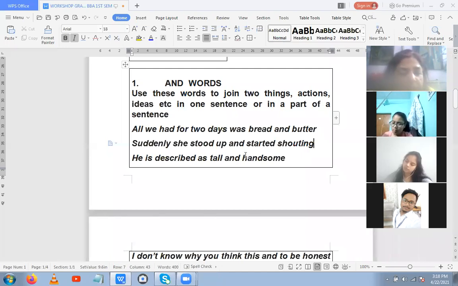He is described as tall and handsome. People describe him as tall and handsome. He is talked about as being tall and handsome.